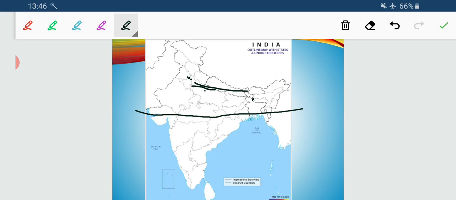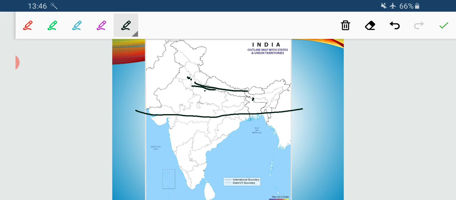So why does this happen? Because Darjeeling is situated at a certain height of 7,000 meter, where Delhi is normally at a height of nearly 200 to 300 meters.